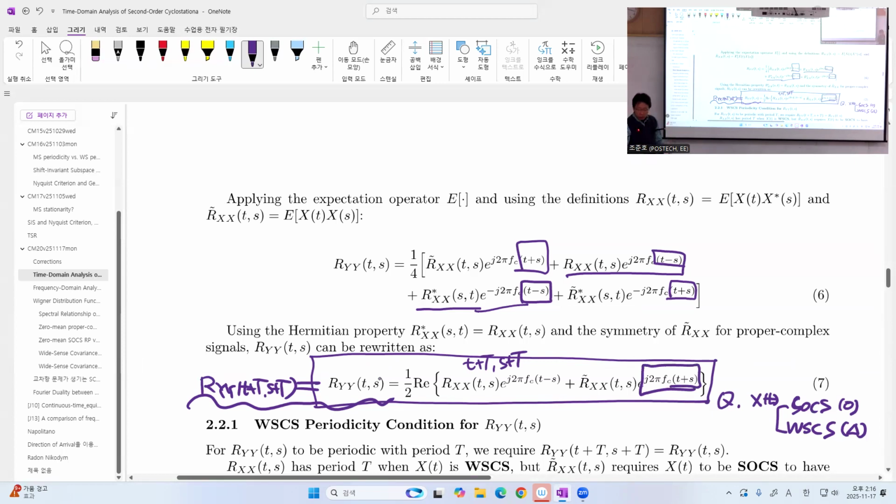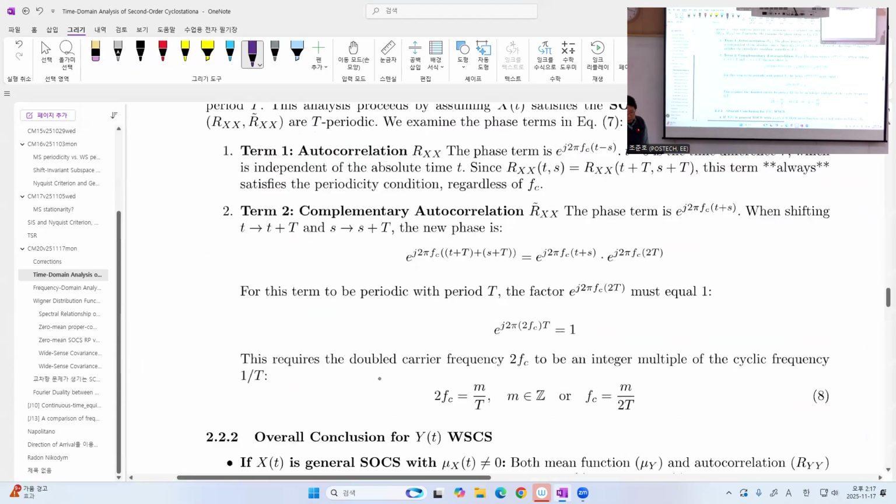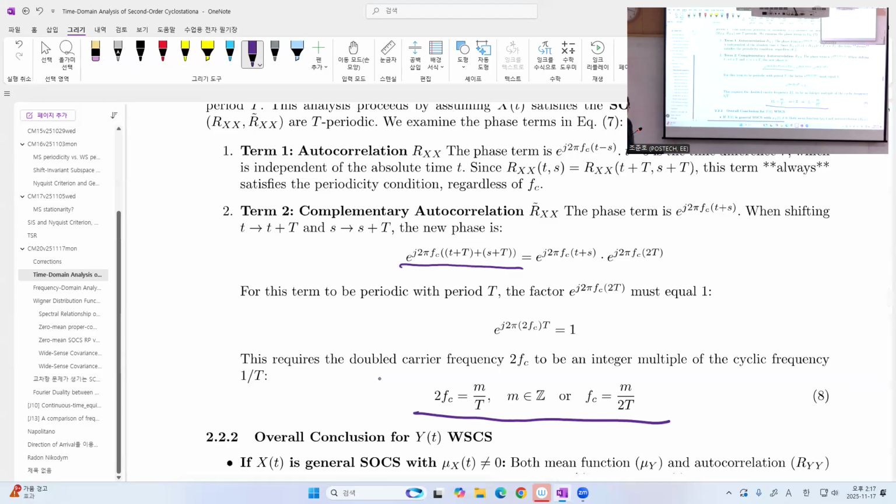And fortunately, there is a case where some carrier frequency f sub c enables this equality. And you can easily show that this is the condition. Got it? So you substitute t plus T, s plus T for t and s, and you have that part, right?